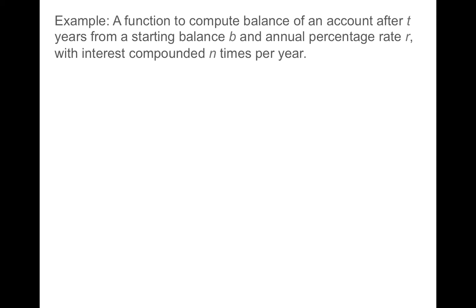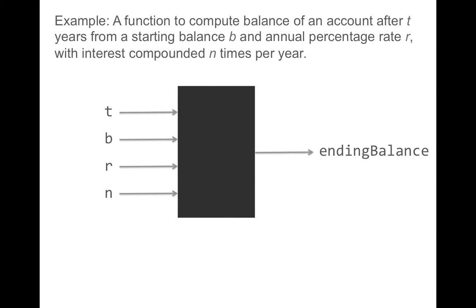For example, consider a function to compute the balance on a bank account after t years from a starting balance b and an annual percentage rate r, with interest compounded n times per year. That's a financial function, and we can think of it as a bit of a black box. We don't actually need to know how it's computed if we have the function.